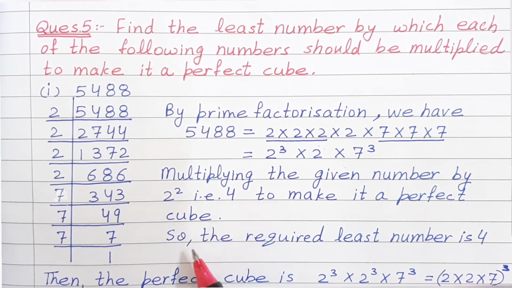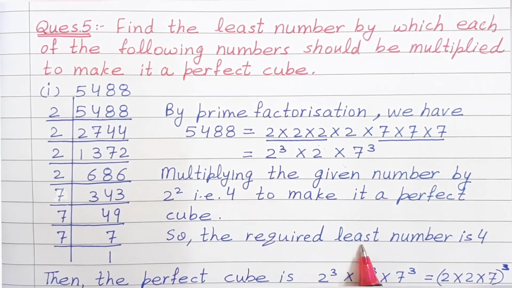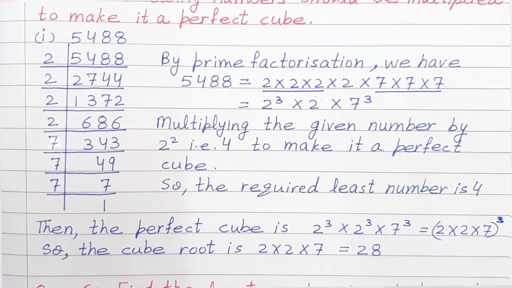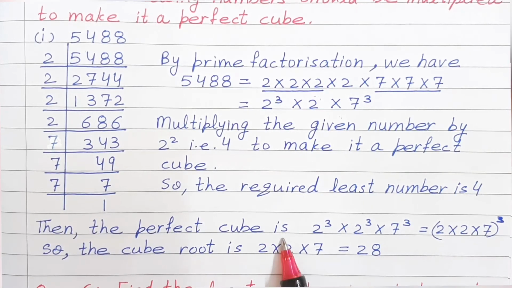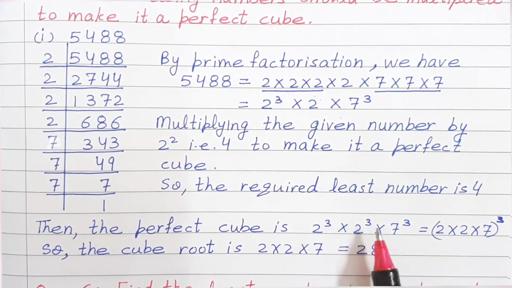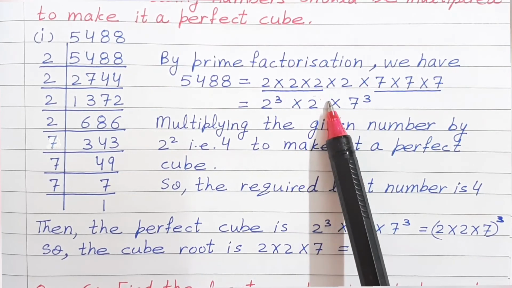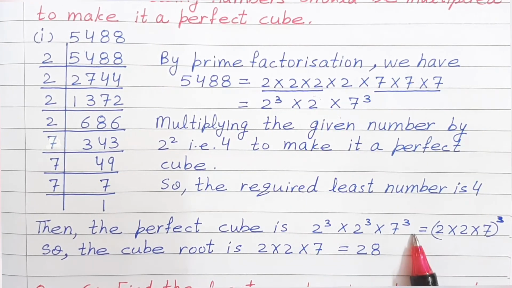Right? So the required least number is 4. So then the perfect cube is 2 cube, 2 cube. Now here I will write 2 cube after taking 2 more 2's, 7 cube. So 2 2s are 4, 4 7s are 28 is the number which is a perfect cube. I hope you all have understood.